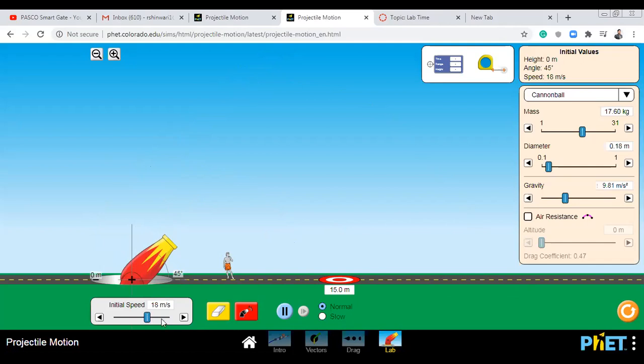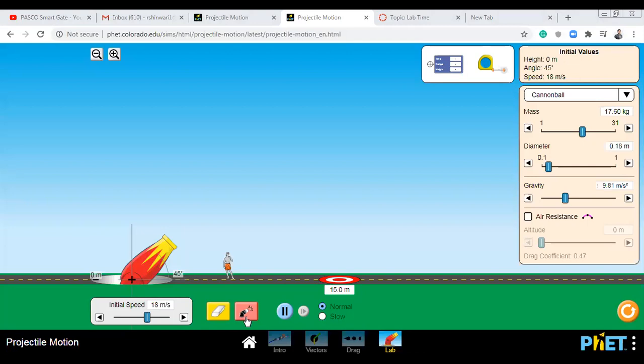The initial speed is equal to 18 meters per second, angle is 45.